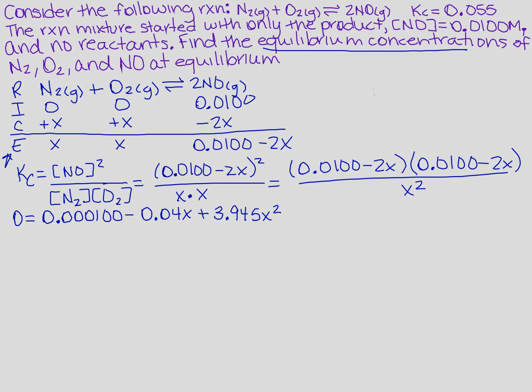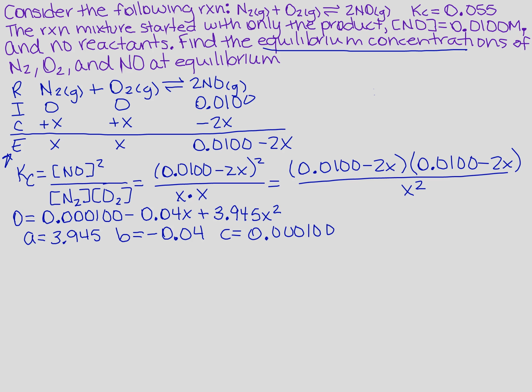So now I need to label A, B, and C. Now I wrote it in backwards order because I wrote it in the order in which it came out. So remember, A goes with the X squared, so A equals, and everything in front of that, 3.945, and then I've got B. Now don't forget to carry the sign, so it's going to be negative 0.04, and then C is going to equal 0.000100.